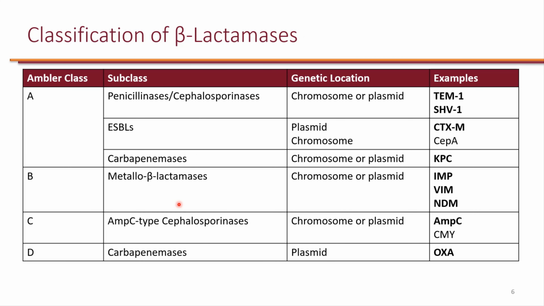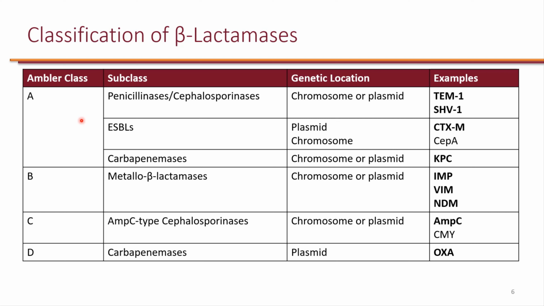There are different ways to classify beta-lactamases. The easiest one is the Ambler classification that basically classifies them as class A, B, C, and D. Now, from a biochemical perspective, Ambler class B is metallo-beta-lactamase, whereas class A, C, and D have a serine moiety.